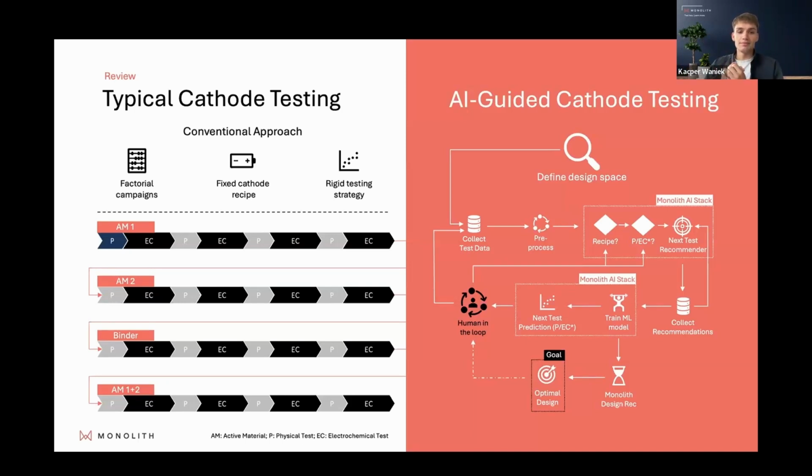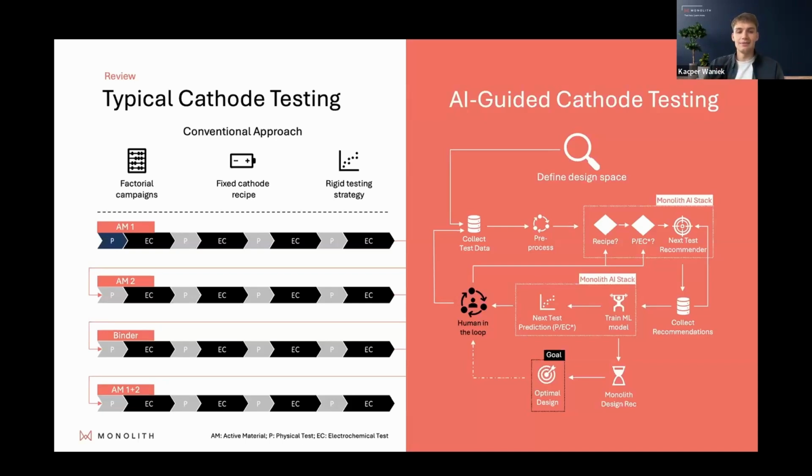It follows a rigid recipe-based testing strategy, often requiring a large number of physical and electrochemical tests, one after another, across, as we know, multiple dimensions like active materials, binders, formulations, processing factors. And this method is super systematic. Therefore, it's very resource intensive and slow.